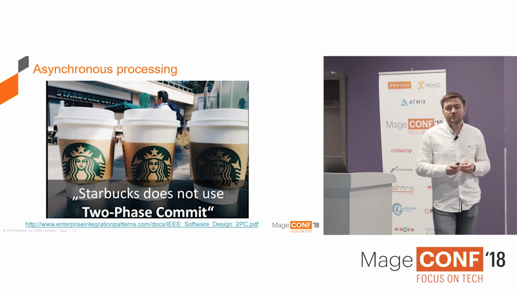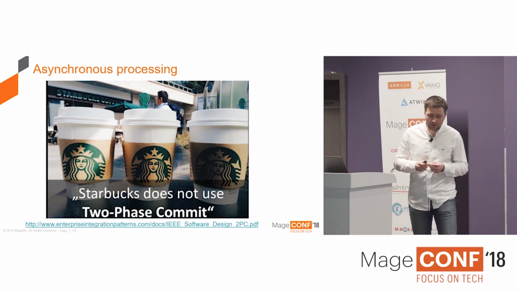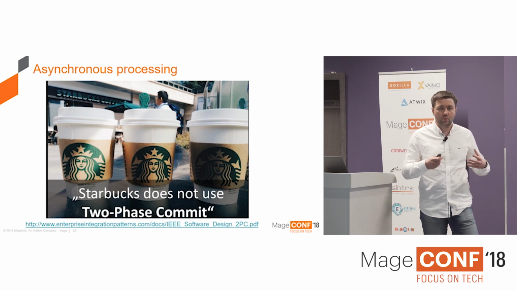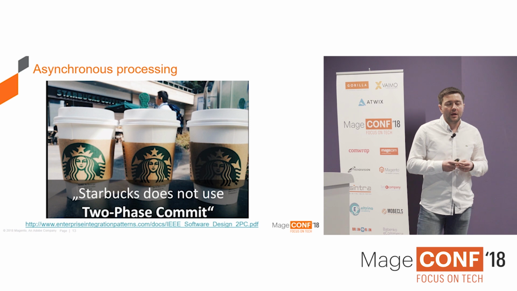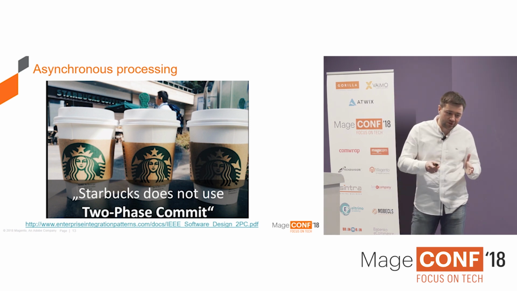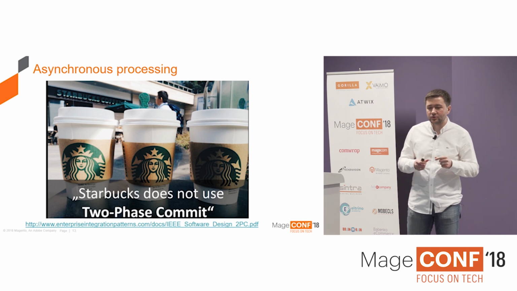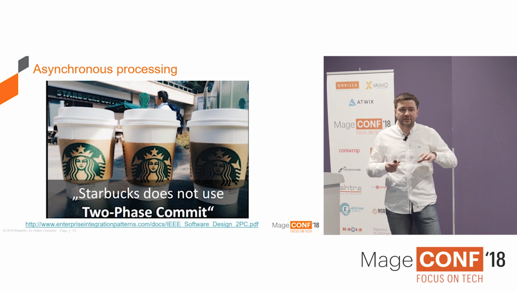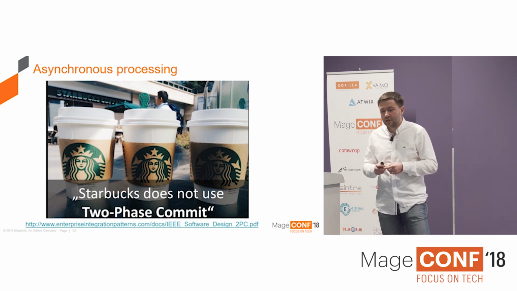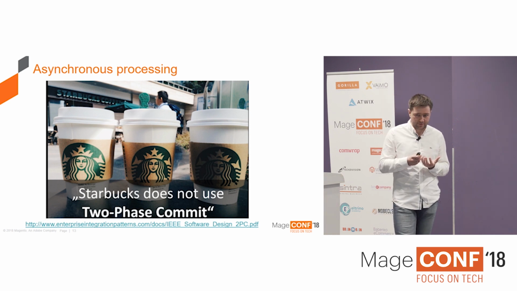And when we're talking about asynchronous operation and asynchronous processing, many developers who used to write code in a Magento 1 style introduce a synchronous transaction and make sure that all the data changes apply to all the tables. It's pretty natural for developers, but it is not natural for business.